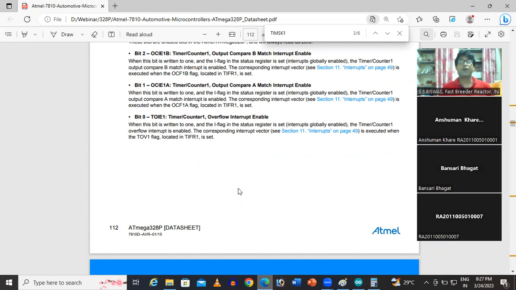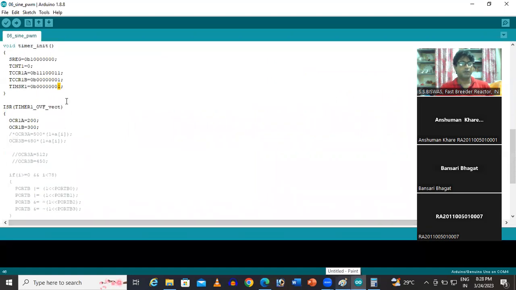So to enable that timer overflow, meaning the timer counting is over, I have enabled the timer overflow interrupt. Now once the overflow has occurred, I need to put in the duty cycle.